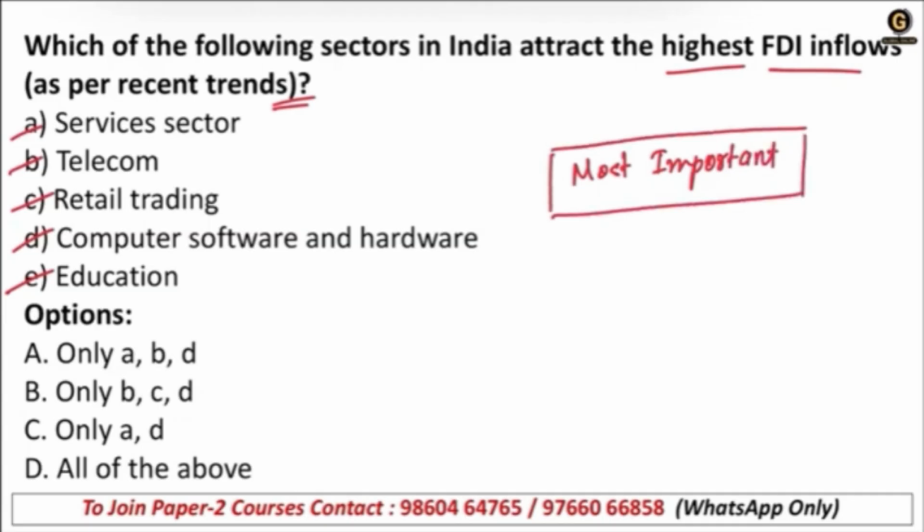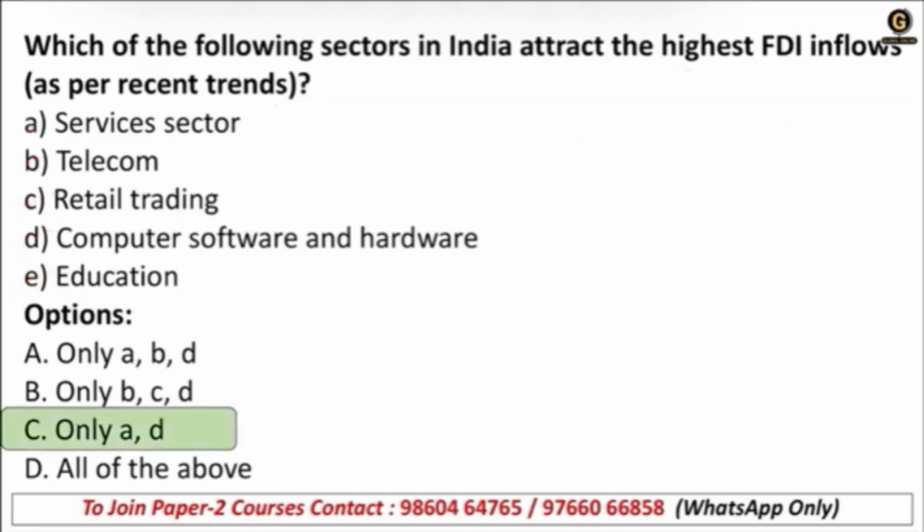Make it most important. The right answer of this question is option C, only A and D. Service sector, computer software and hardware. These are the sectors in India that attract the highest FDI inflow.